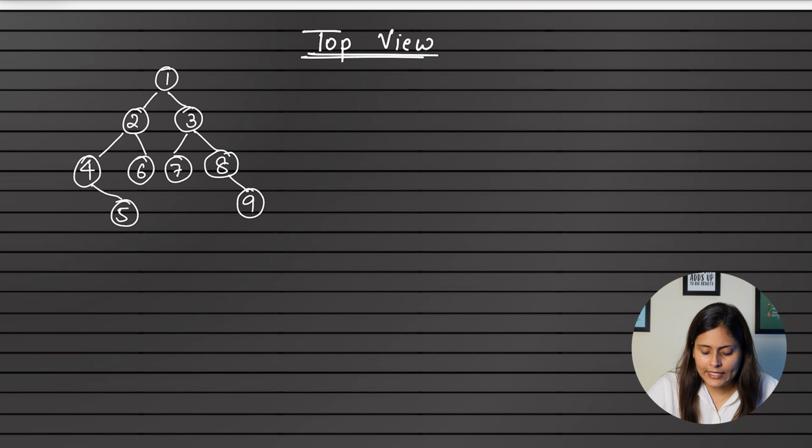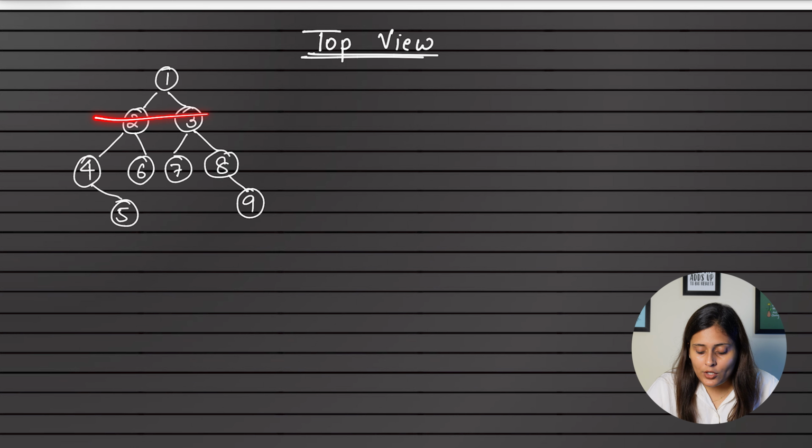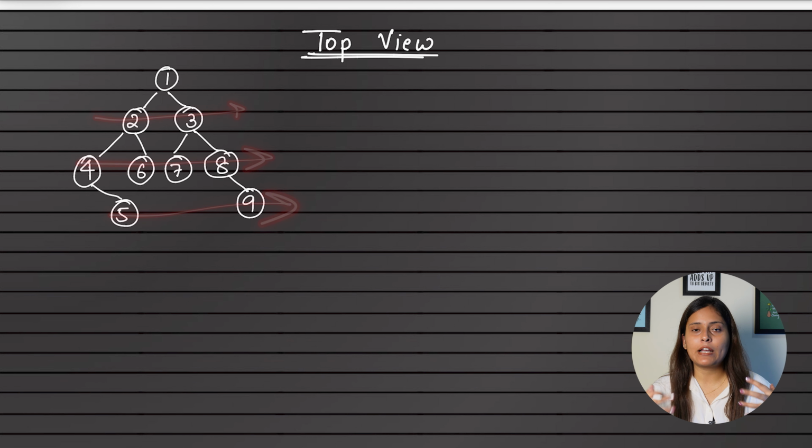If you are thinking let's print the corner elements because that will be the view, as of now though it is correct, but if you print the corner elements, 5 will also get included, but as you can see from the top view it's not visible. So for sure when it is about vertical view, we cannot think our idea as per the level order traversal. Okay, so how can we think?